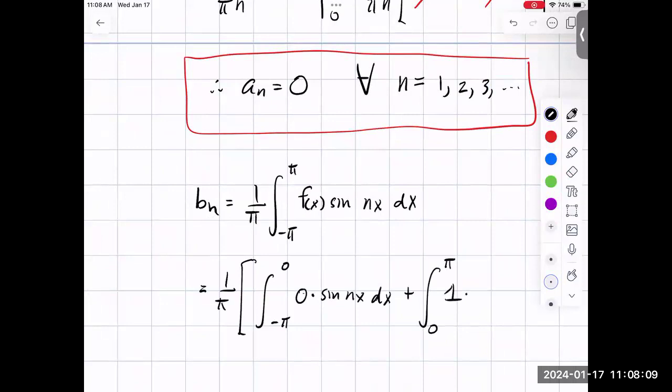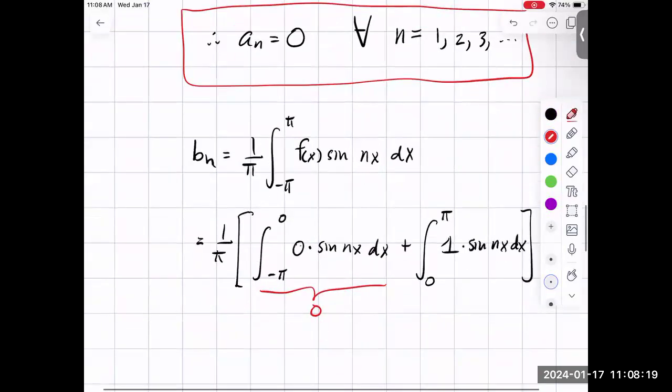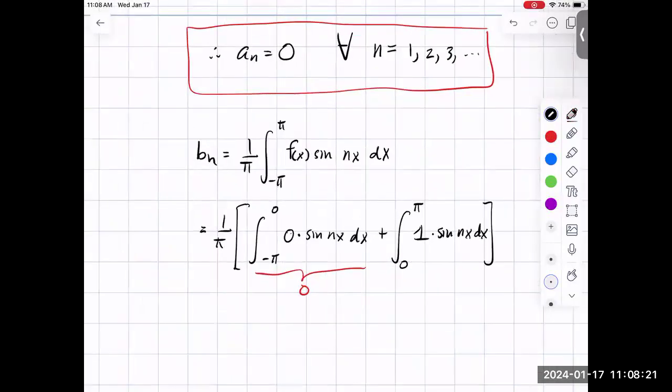Here's the second part where the function is equal to 1. This one's going to be 0. And so bn is going to be equal to 1 over pi times n. So the sine is going to integrate to cos, and I guess it's going to pick up a minus sign, isn't it? So this would be minus cos nx, and then we have to evaluate between 0 and pi.